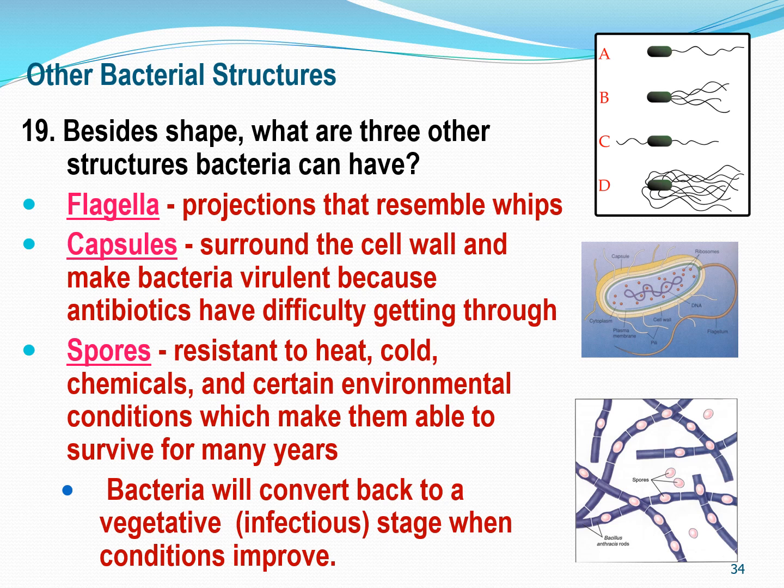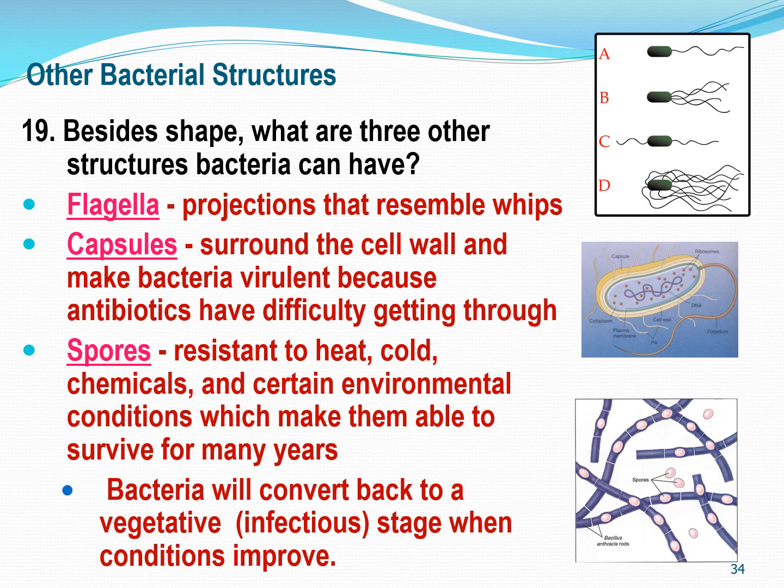Capsules surround the cell wall and make bacteria very resilient, because antibiotics have difficulty getting through that capsule and destroying that particular bacteria. Then we have spores, which are very resistant to heat, cold, and chemicals in certain environmental conditions, which makes them able to survive for many years.